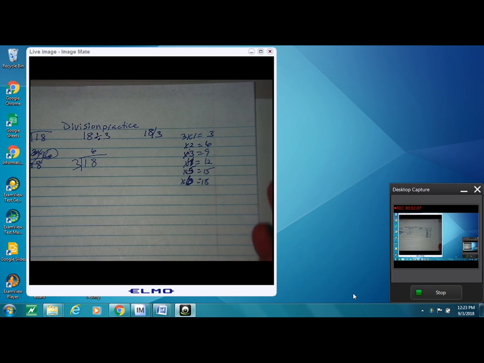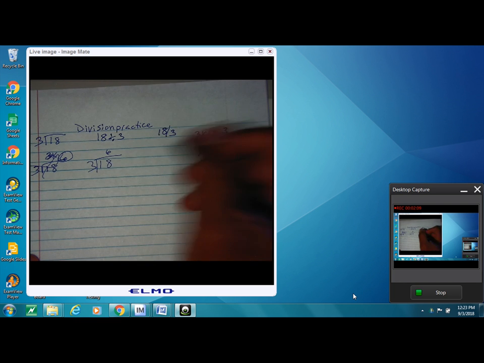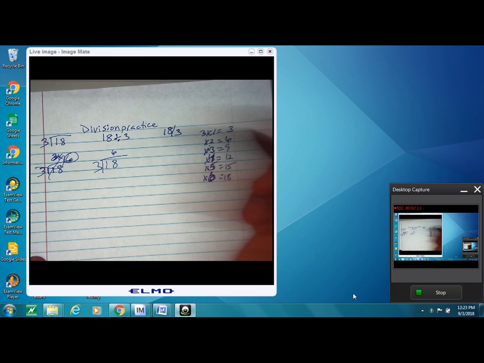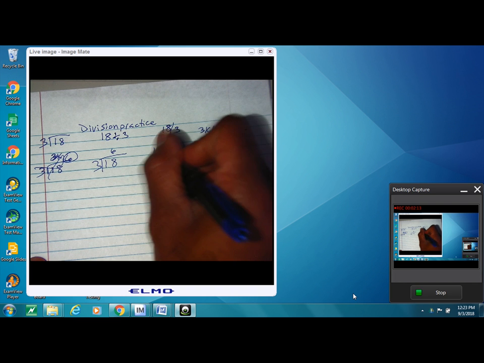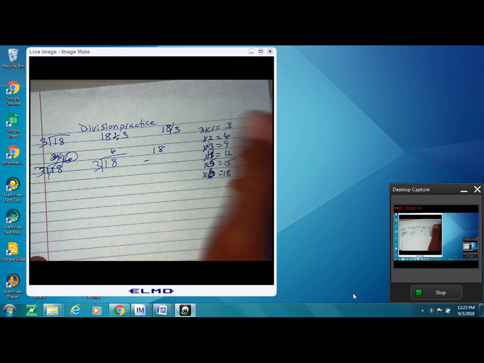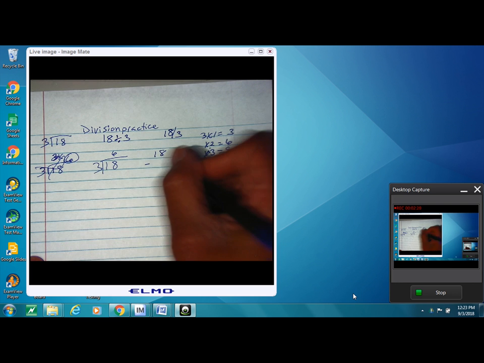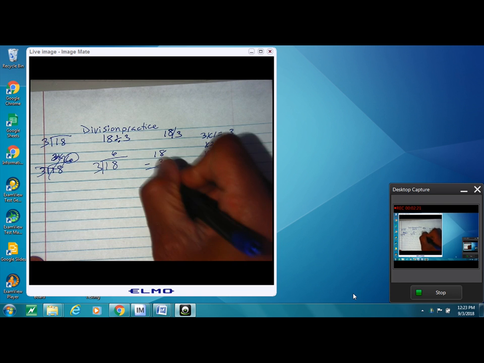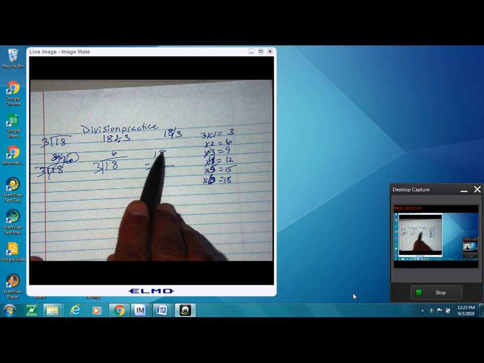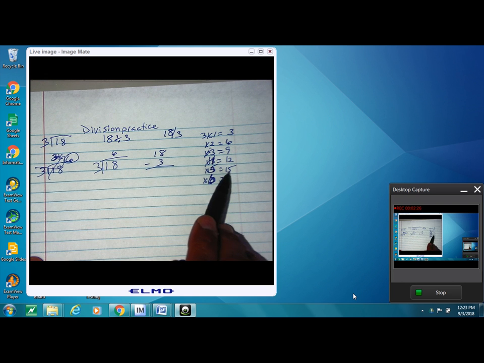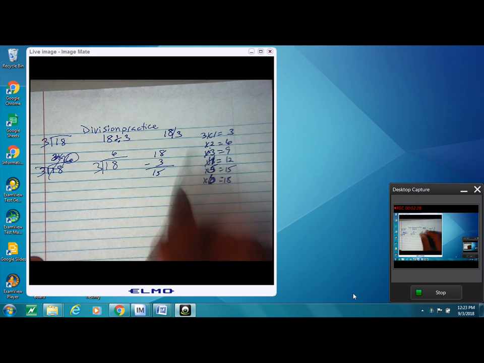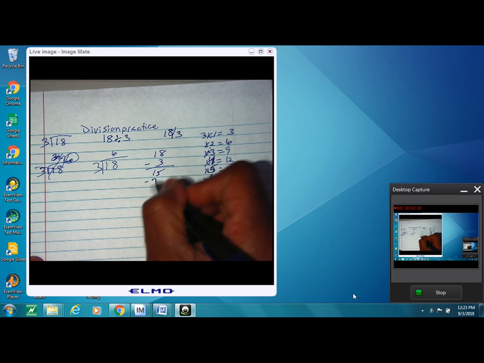You can also subtract until you cannot take away 3. You're taking away 3 until you cannot take 3 away anymore. So 18 minus 3 is 15. 15 minus 3 is 12.